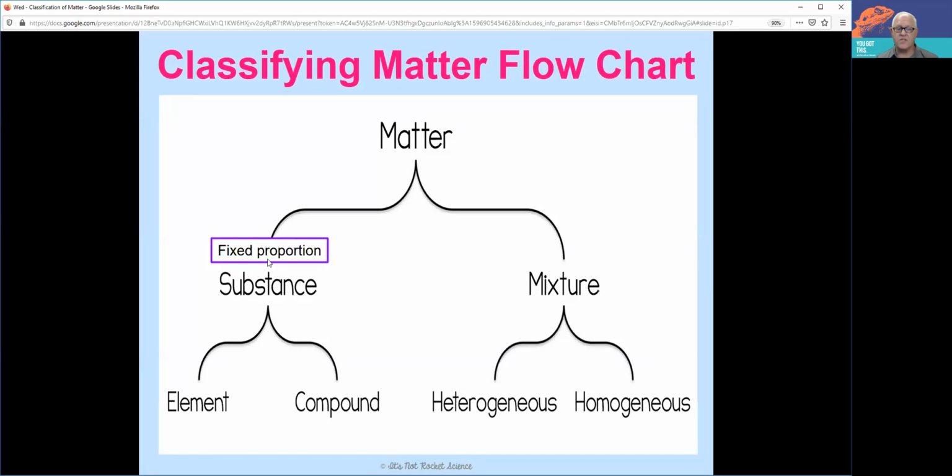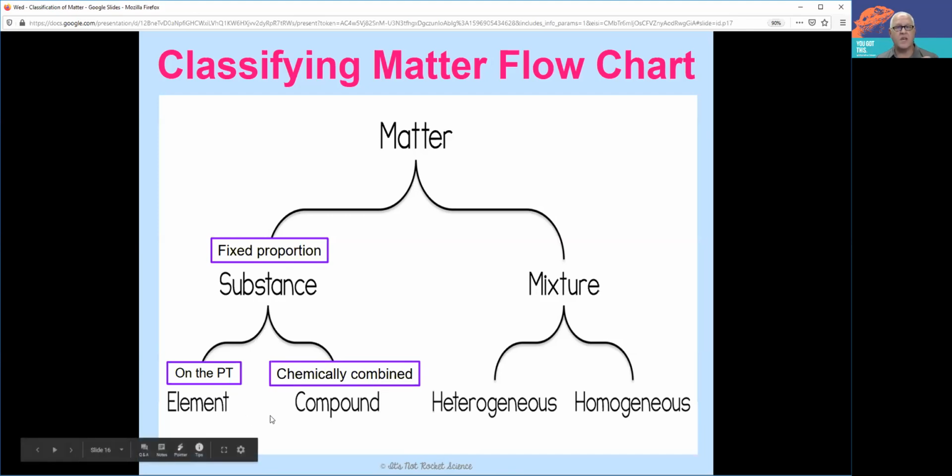On the substance, it's a fixed proportion. It will always be exactly the same. The element is found on the periodic table, and the compound is two or more elements that have been chemically combined through a reaction. And the only way to separate them is to create another chemical reaction.